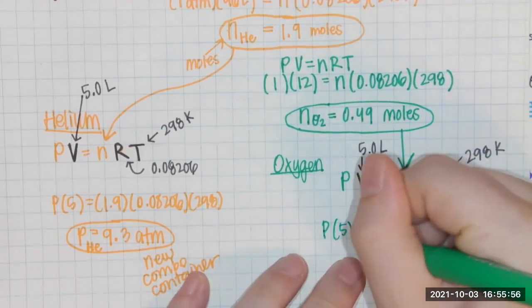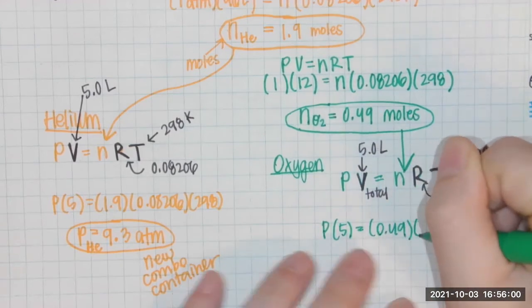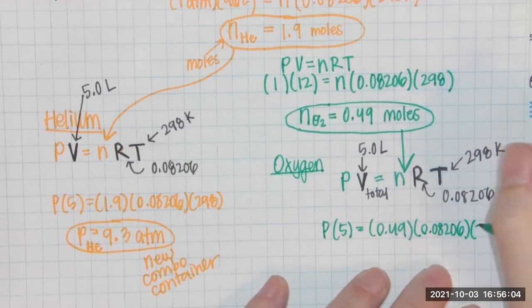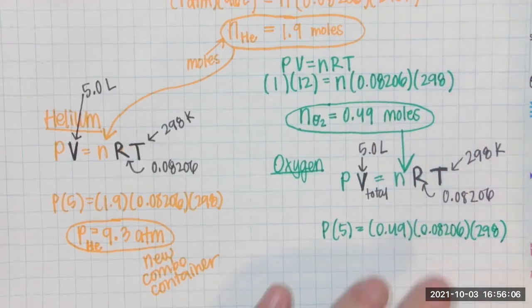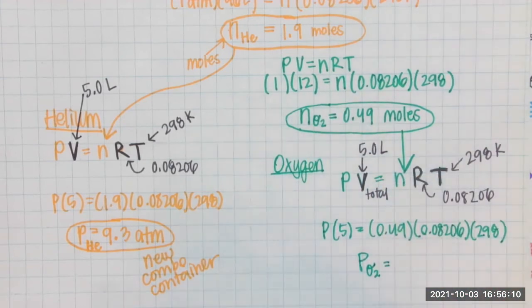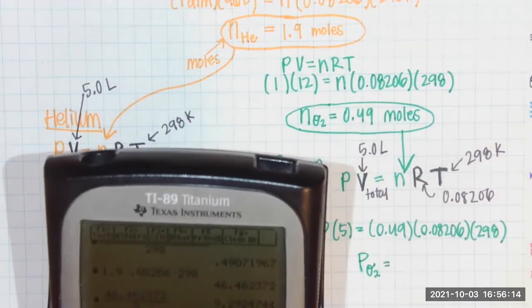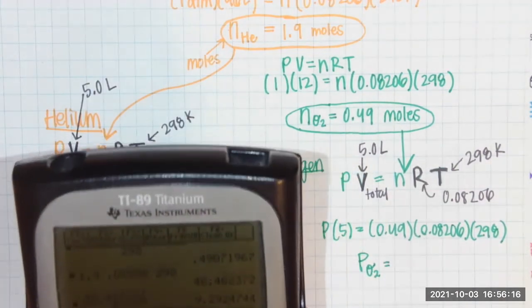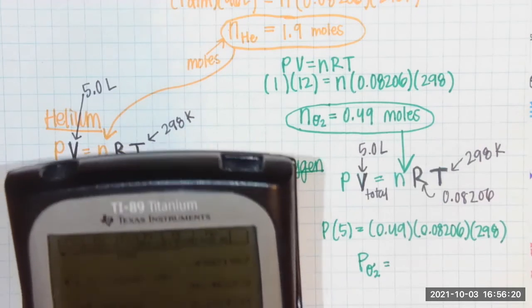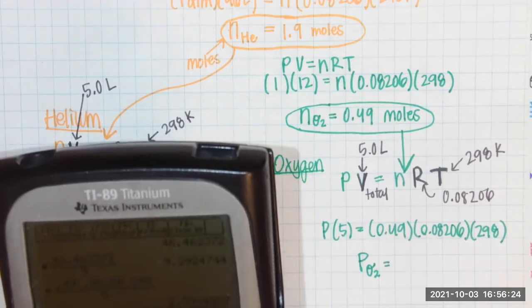P times 5 equals 0.49 times 0.08206 times 298. The pressure of the oxygen equals 0.49 times 0.08206 times 298 divided by 5.